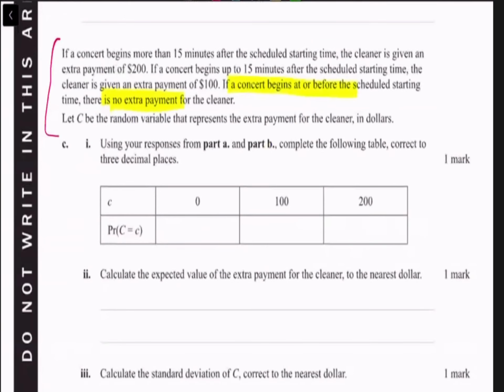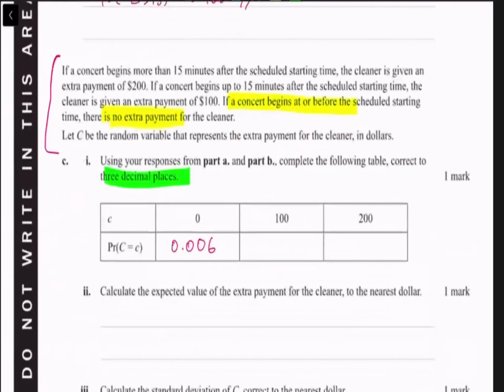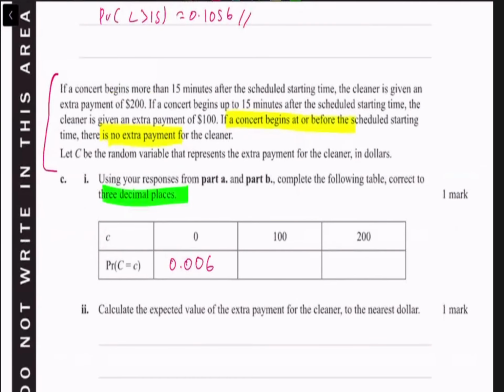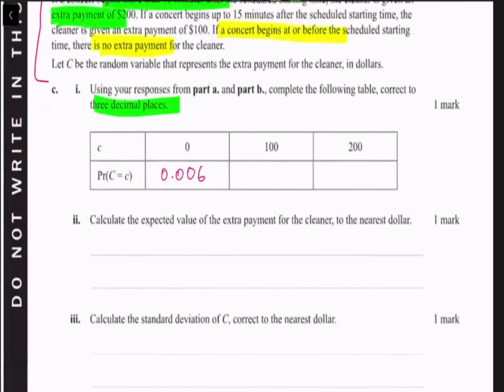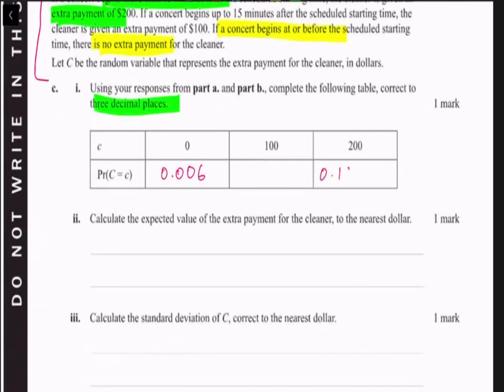But we only want this to 3 decimal places, so we're just going to use 0.006. And if they're going to get $200, then it's going to begin more than 15 minutes after the scheduled starting time, which we figured in part B. So again, rounding to 3 decimal places, we get 0.106.